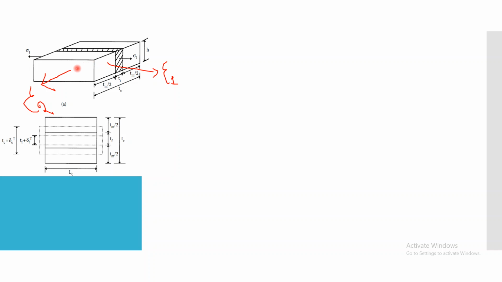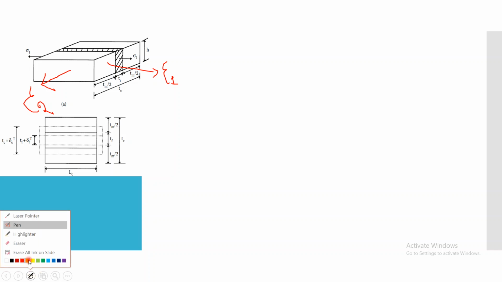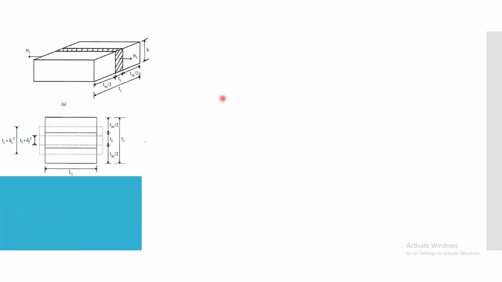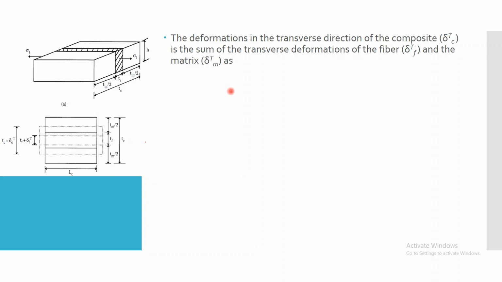This is the transverse normal strain, and this is the longitudinal normal strain. If I take the ratio of the transverse normal strain to the longitudinal normal strain, we call that the major Poisson's ratio, and the load is applied along the direction of the fibers. You should take care of all these things. Next, for this case, obviously we have to go with the in-depth definition of the strains.